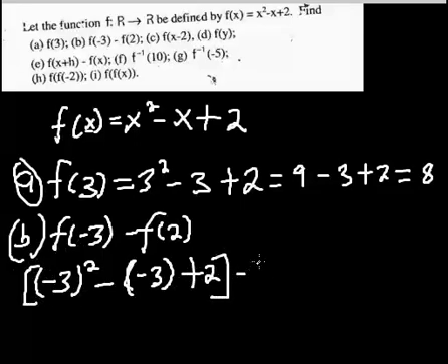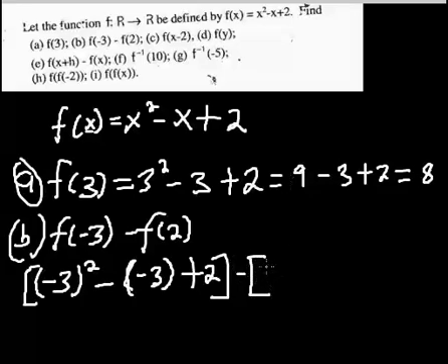Then minus in brackets. Brackets are really very important, because anytime you don't recognize the rule of applying brackets, you discover that most of the times when you use minus to multiply a bracket, minus has the ability of converting plus to minus and minus to plus. So if you don't apply brackets, you may not adhere to that rule, and at the end of the day, you will have a very wrong answer.